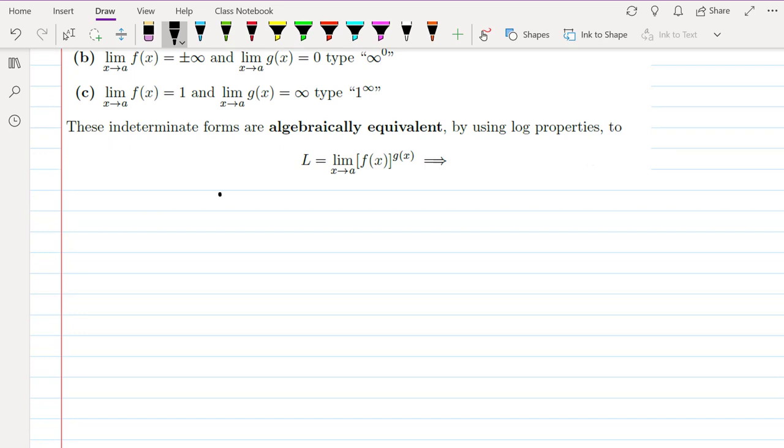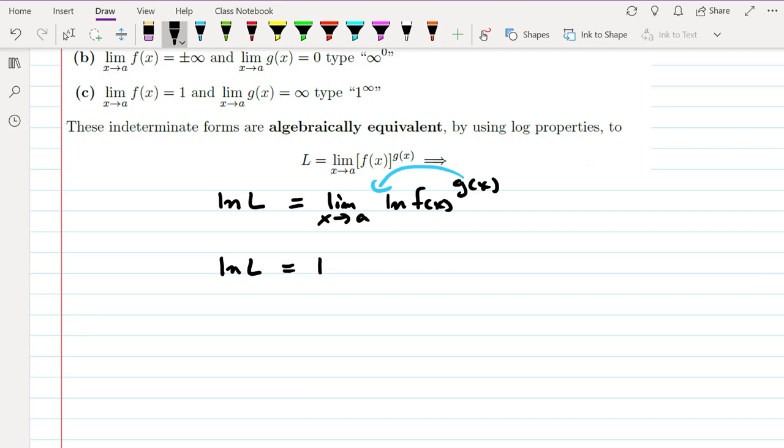So if we take the natural logarithm of both sides, we have the natural logarithm of L is equal to the limit as x goes to a of the natural logarithm of f of x raised to the g of x. So then by my log properties, I can bring the g of x down in front. So then this is equal to the limit as x approaches a of g of x times the natural logarithm of f of x.